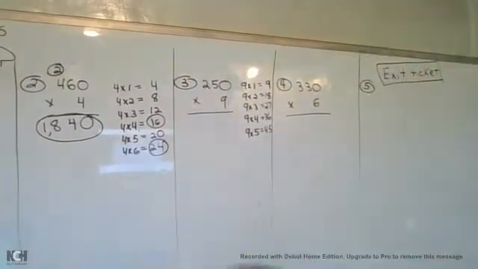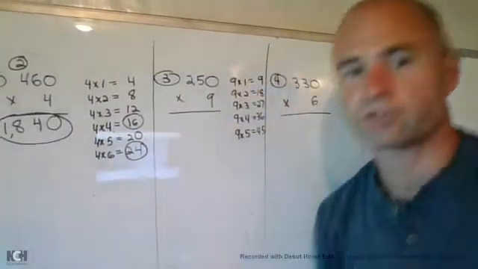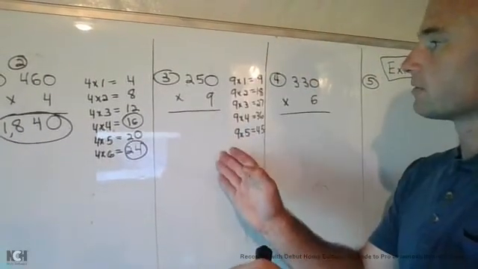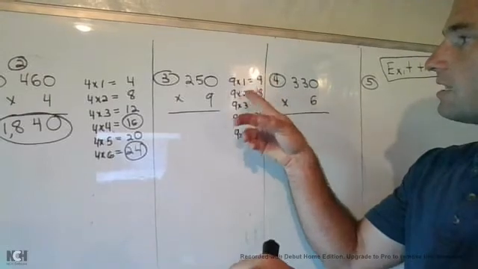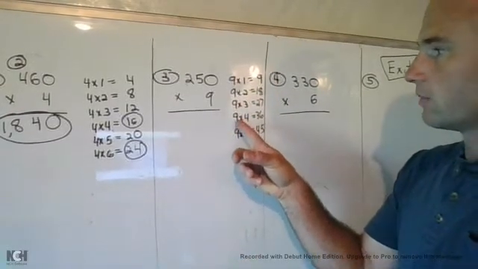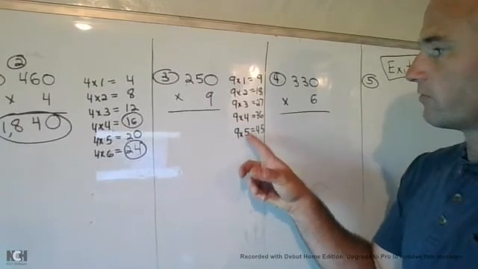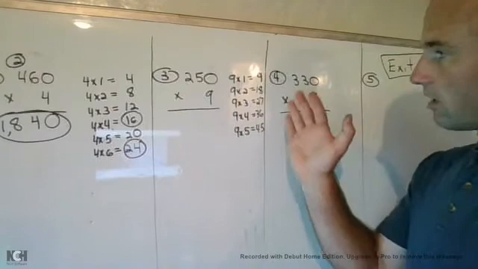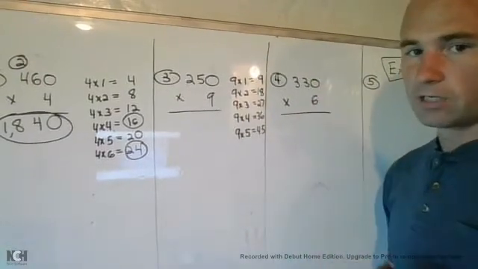All right, so I'm going to zoom you in just a little bit closer. I want to have you see something neat here. All right, 9 times tables. So 9 times 1 is 9, 9 times 2 is 18, 9 times 3 is 27, 9 times 4 is 36, and 9 times 5 is 45. Now there's a little trick here. Follow along, okay, your 9 times tables.